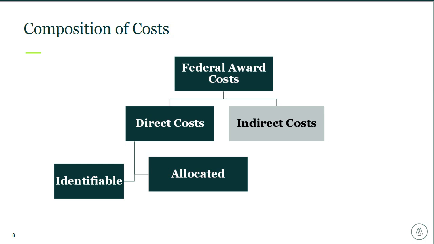And then the indirect costs are really meant to be those that aren't separately identifiable directly to the program or the objectives around a federal award. And we're going to talk a lot more in detail on how to focus on the different types of indirect costs that you might be able to claim, and again, looking forward to strategy on how to maximize ensuring that those indirect costs get paid through the federal award.